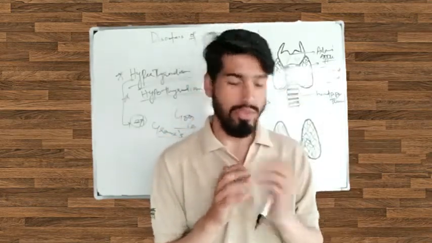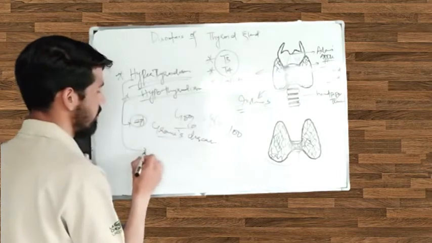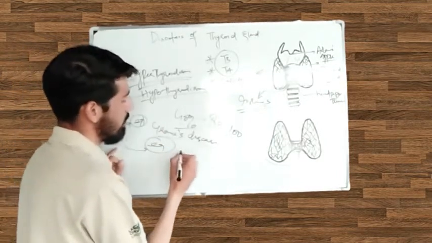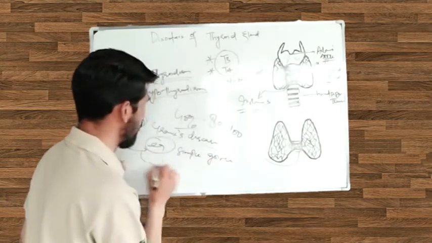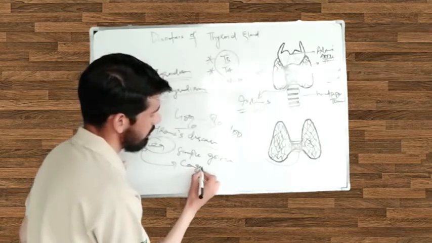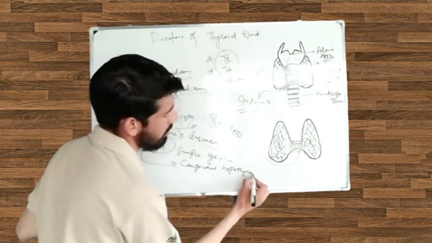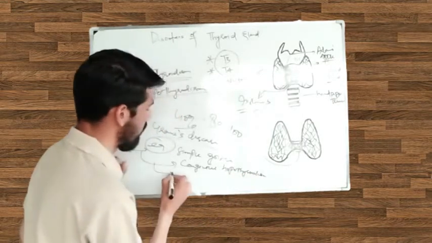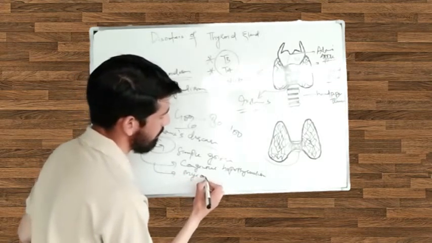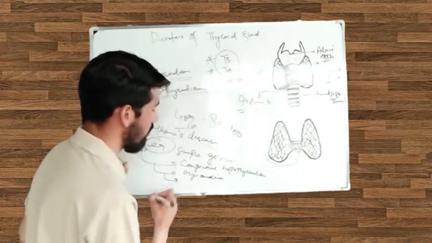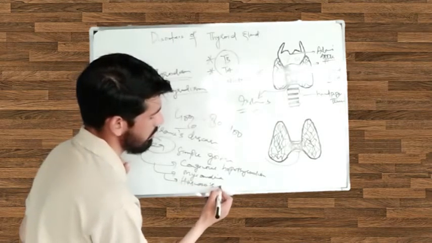Examples of hypothyroidism are simple goitre, congenital hypothyroidism, myxedema, and another one called Hashimoto's disease.